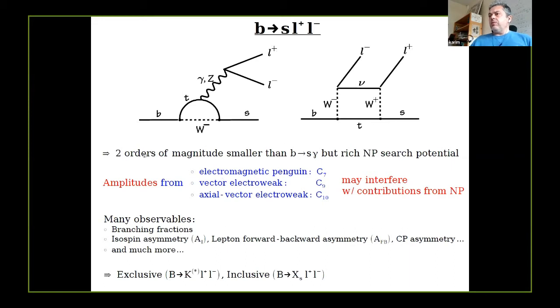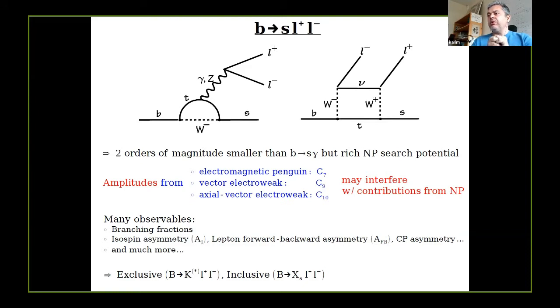Again, in terms of decay rate, you have two orders of magnitude smaller than B2S gamma, and rich potential in new physics in the sense of the branching ratio, but not only, as we will see, so many observables can be formed. You have a three body decay, and so you can include also some other asymmetry and some angular distribution.